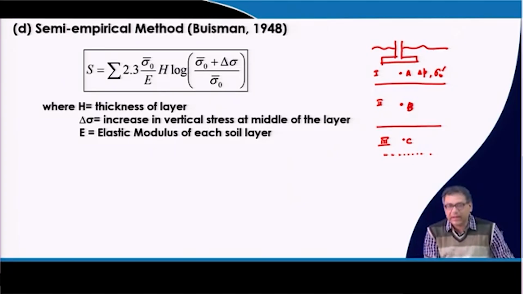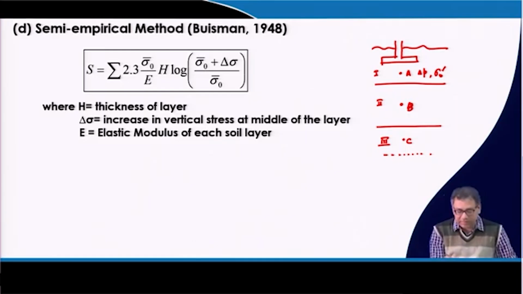Okay, and as I mentioned, del P we will calculate by the 1:2 distribution, and the effective overburden pressure we will get at different points. Then for each layer we will calculate the settlement, and then we will add the settlement of all the layers, and you will get the total settlement of the foundation.